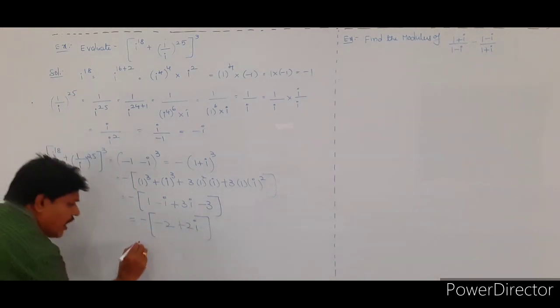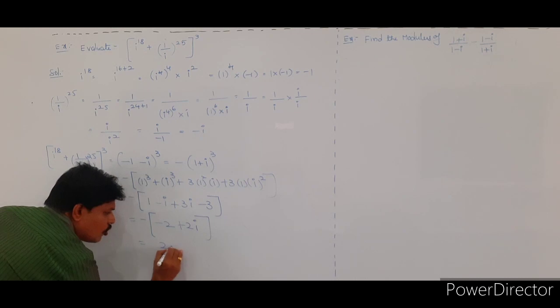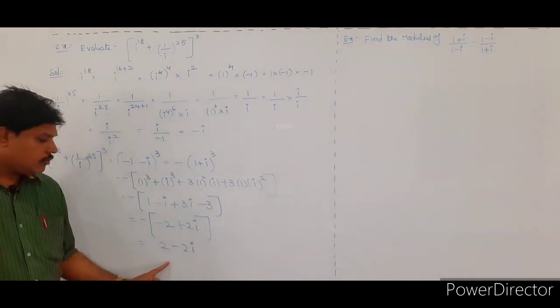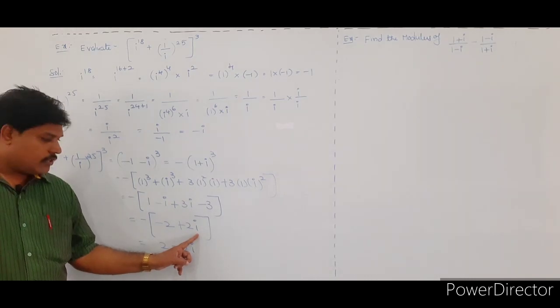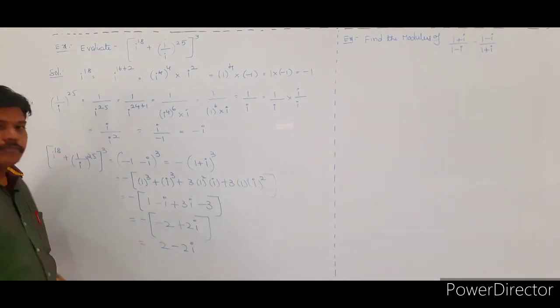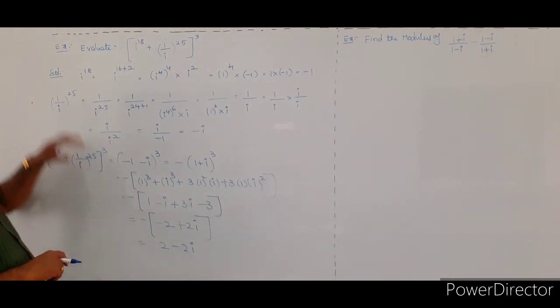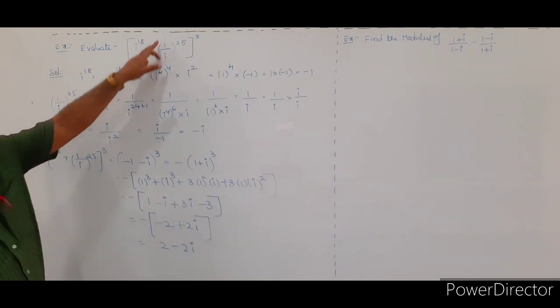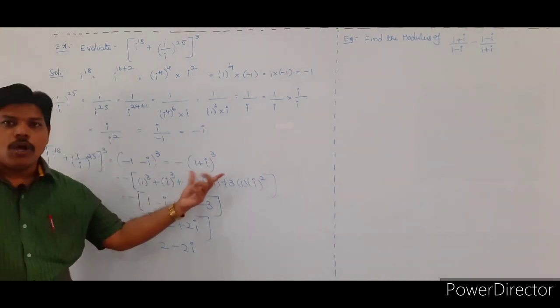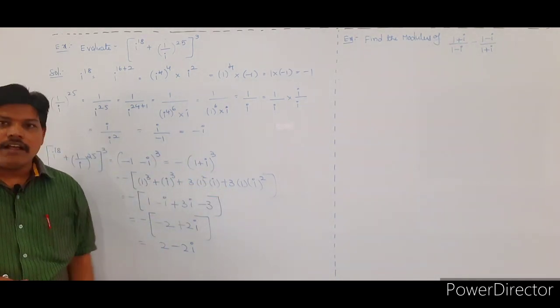Multiply inside with the minus, so we get 2 minus 2i. Just simplify the i^18 value and the (1/i)^25 value and apply the (a plus b) whole cube formula, and you will get the answer.